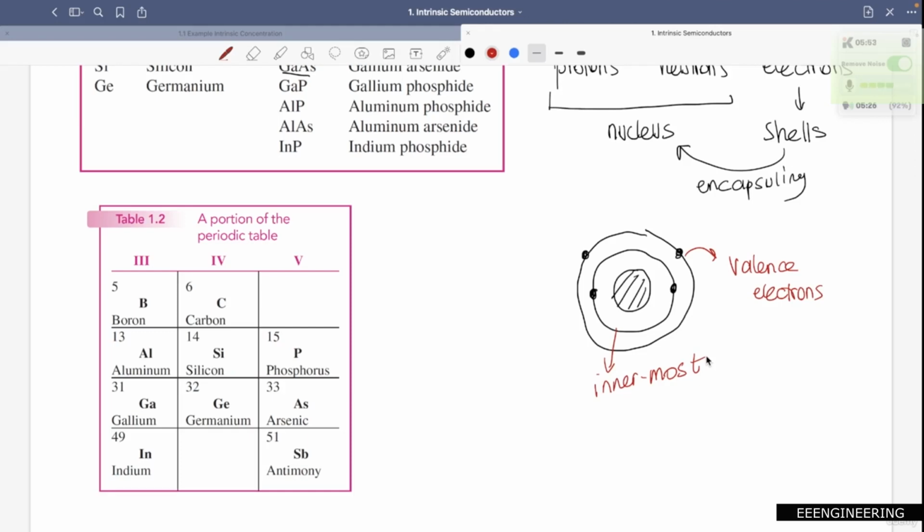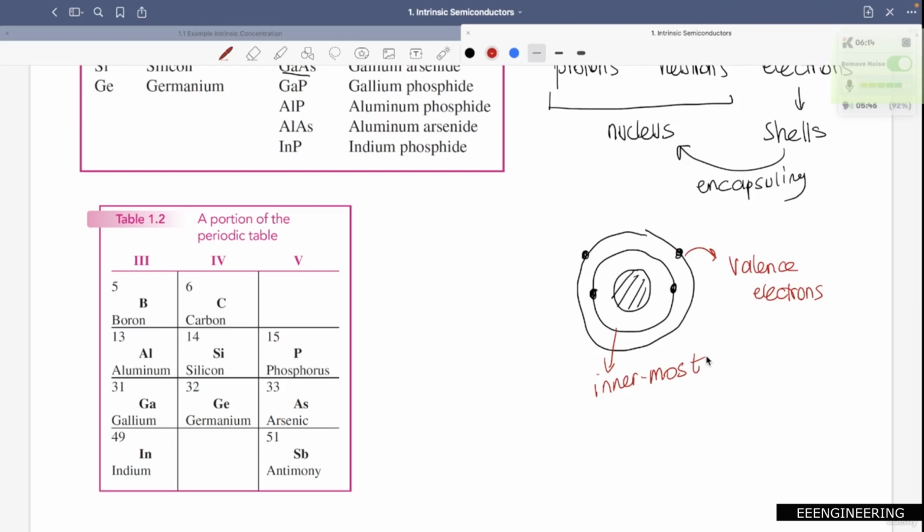On the left, you can see a portion of the periodic table. We don't need the whole periodic table, but this portion shows us where you can find your semiconductors. A semiconductor is divided into 2 groups. You may have your semiconductor as an elemental one, or as a compound.